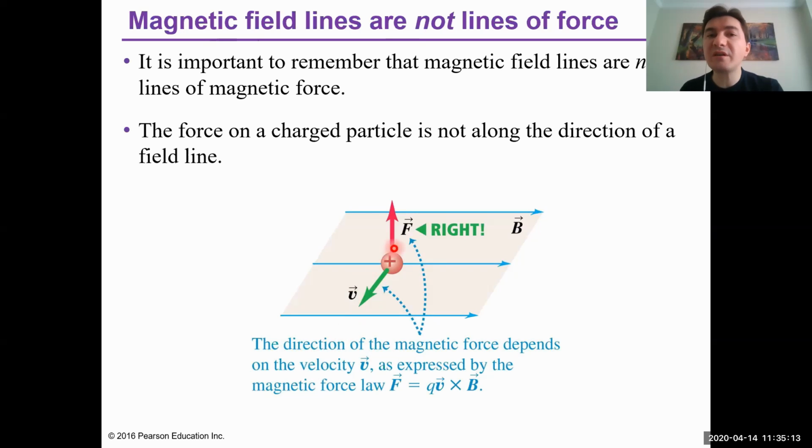And what about the line of force? Line of force is this one, okay? The magnetic force due to the magnetic field is perpendicular to the magnetic field lines, okay? So the field line is in that direction and the force is perpendicular to the magnetic field lines.